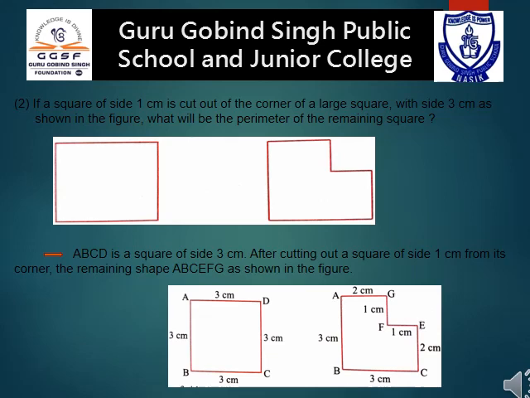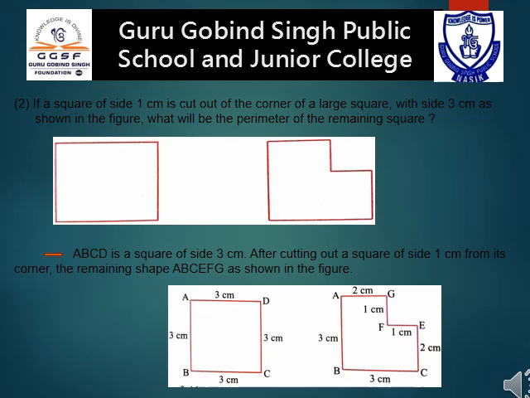Here ABCD is the square of side 3 centimeter, means all the sides are equal as it is a square, and after cutting out a square of side 1 centimeter from its corner, we get the remaining shape ABCEFG as shown in the figure. As we have cut down the corner of side 1 centimeter, the D corner, we get this shape which is shown in the diagram.